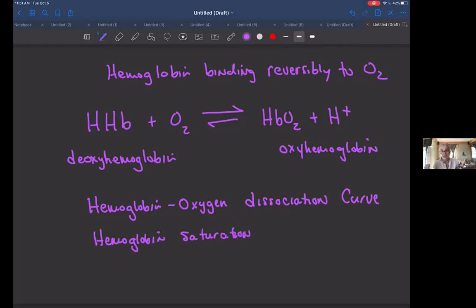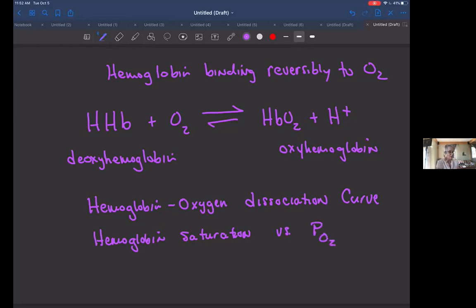So if it's 100% saturated, that means each of the hemoglobin molecules has 4, right? And then it can go down. You probably hear about hemoglobin saturation because that is a symptom of COVID, those levels dropping really fast. If it goes below 90, you can even be in trouble. But if it goes to like 80 or 70, or in some cases like 60, then that means really bad things, right? So hemoglobin saturation versus the partial pressure of oxygen.